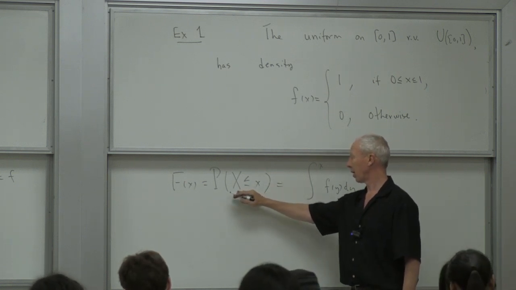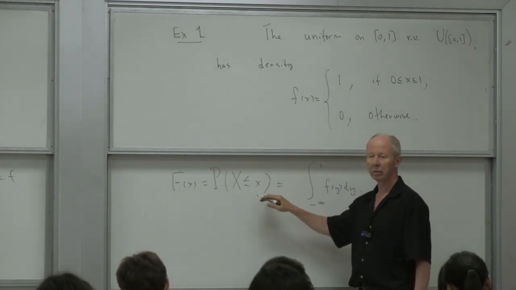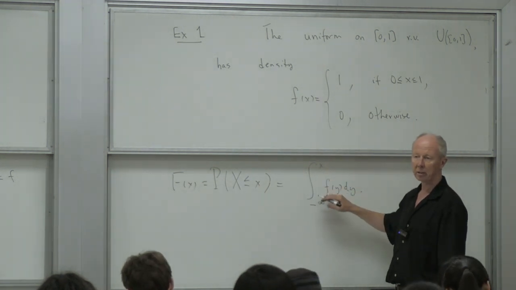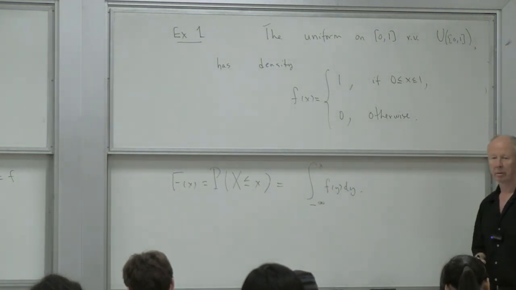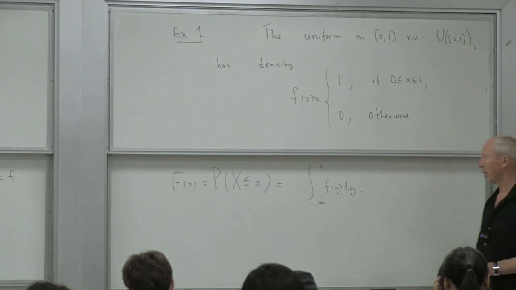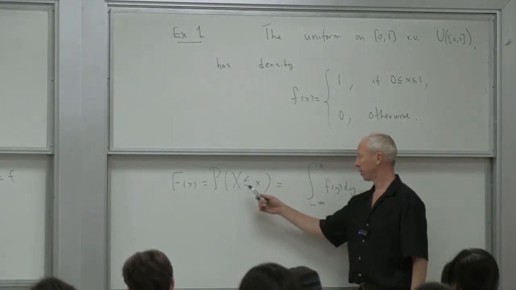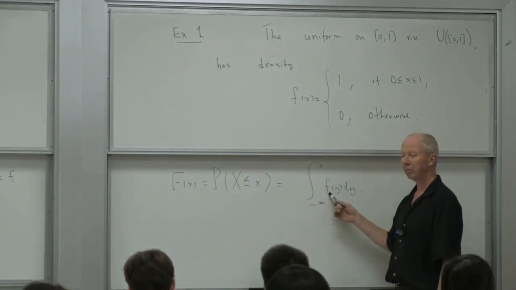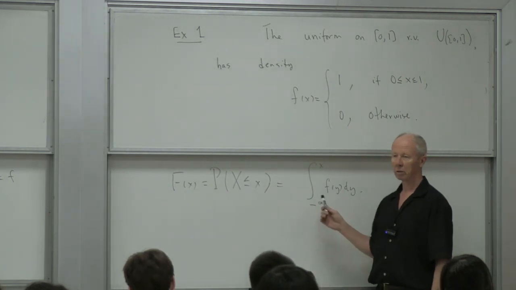The probability that the random variable is smaller than a value x is the integral from minus infinity to x of little f of y dy. Okay, that's what it means generally. If I say that capital X has density little f, that means this relation holds.